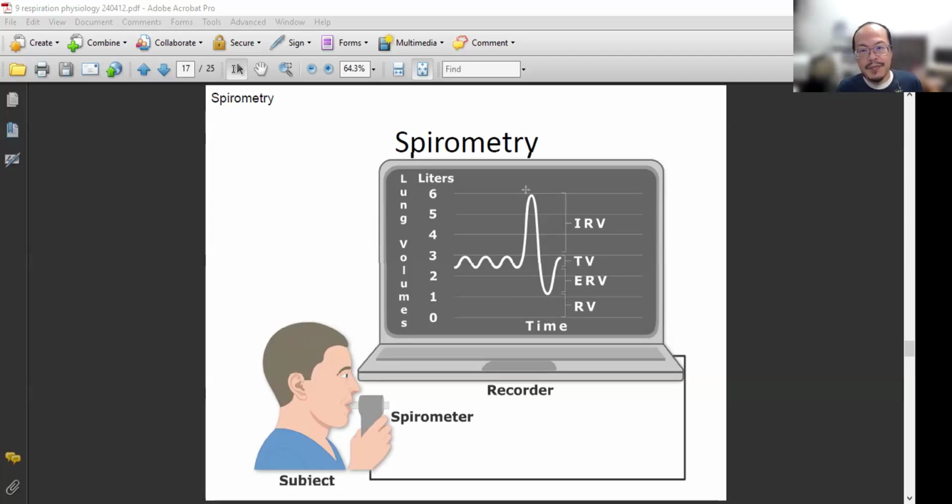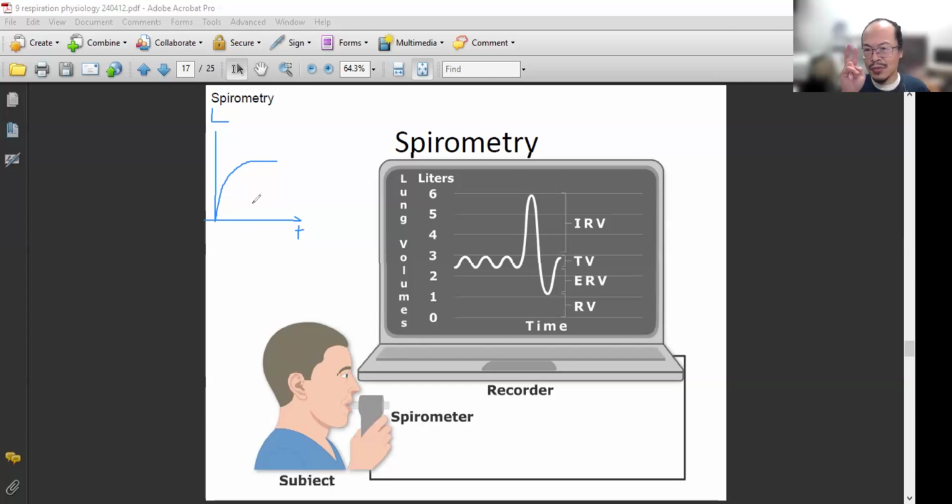A very quick breath out. With that, what we get is something like this. Let me show you here. Here is the time, and this is the lung volume, in liters. What we get is something like this, but very quickly it plateaus out.